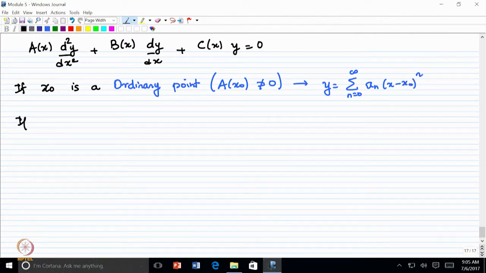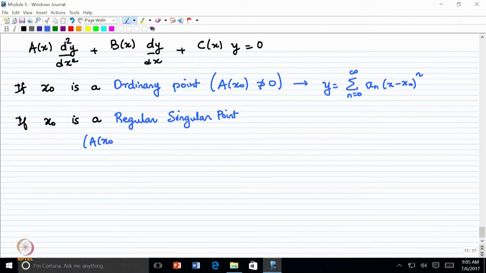And if x 0 is among the critical points, it is a regular singular point. A critical point is also referred to as a singular point.